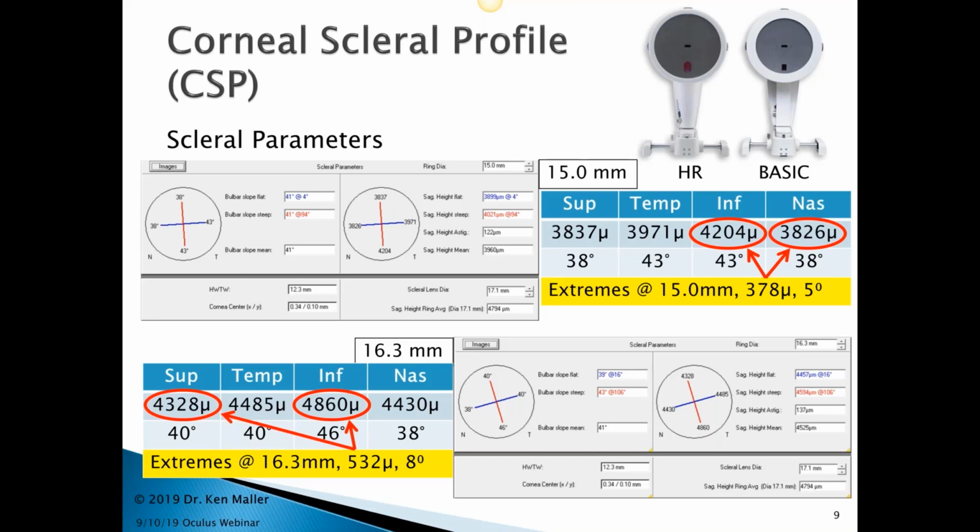The data that the Pentacam gives you certainly does give you a lot of data on the cornea as well. I titled this particular lecture on scleral, so I really focused everything here on scleral lens design and technology. But as far as corneal lens fitting, absolutely positively, you can use this. You don't need the CSP software for that.